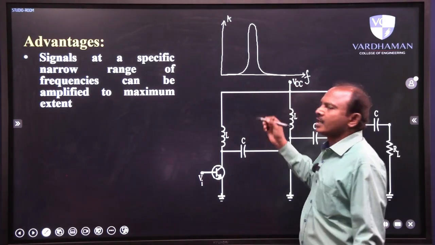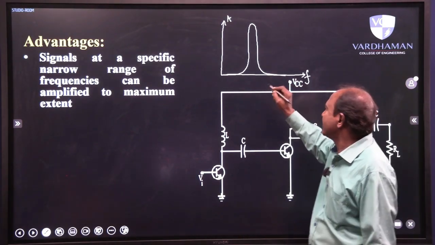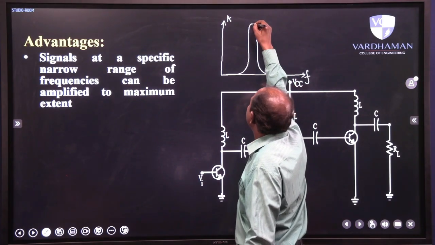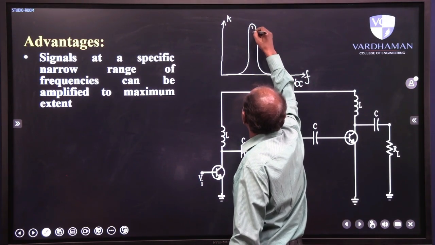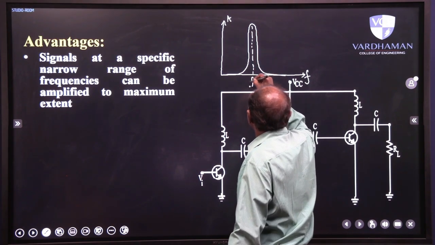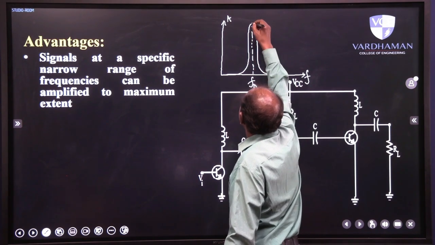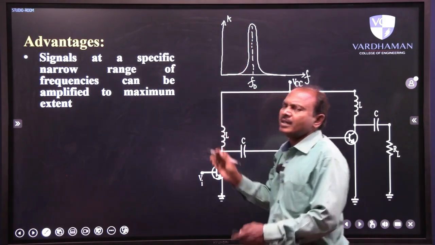This is the rough frequency response of tuned circuit coupled amplifiers, or simply tuned amplifiers, where gain will be maximum at a frequency called F0, the operating frequency or resonant frequency.